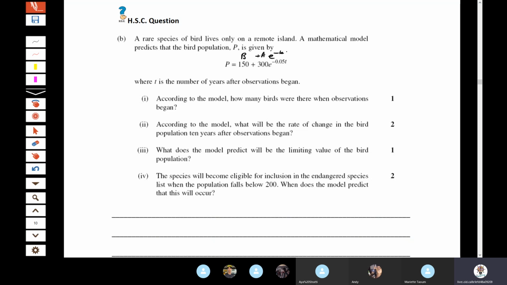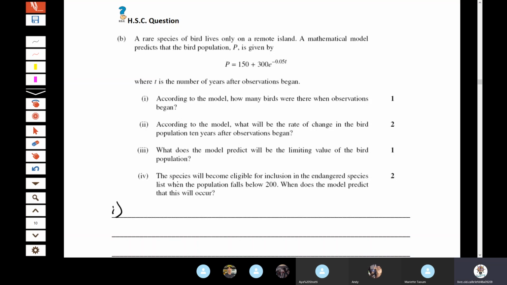And the only idea with Newton's laws of cooling is that there's constant air temperature surrounding the body. But for now, that's okay. You can just look at it as it's just saying it's this thing. Where T is the number of years after observations began.